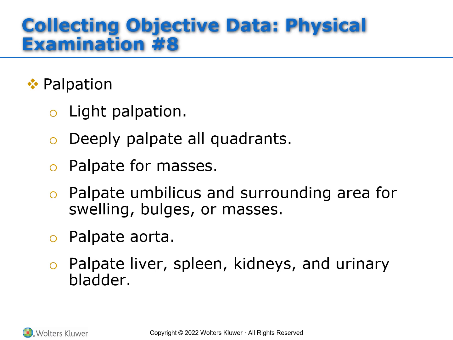To minimize the client's voluntary guarding, we want to be careful. You're doing light palpation here, and if you have the client take a deep breath, sometimes that can help because the rectus abdominis muscle relaxes on expiration.